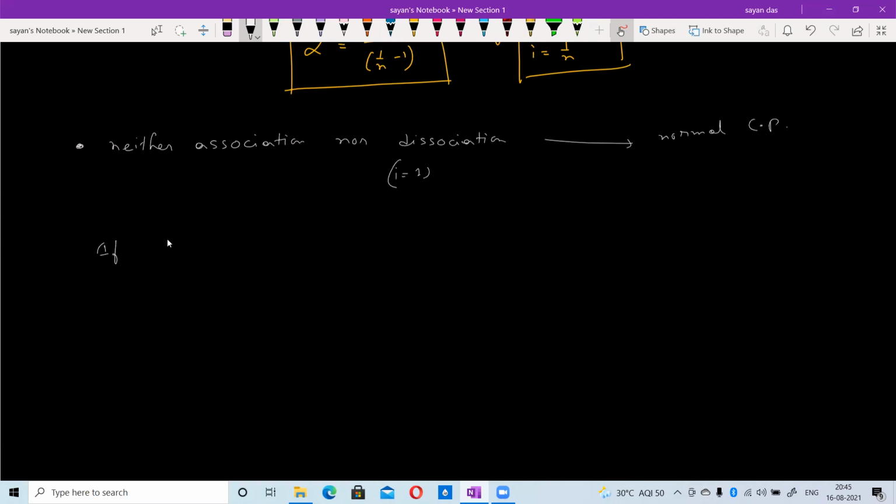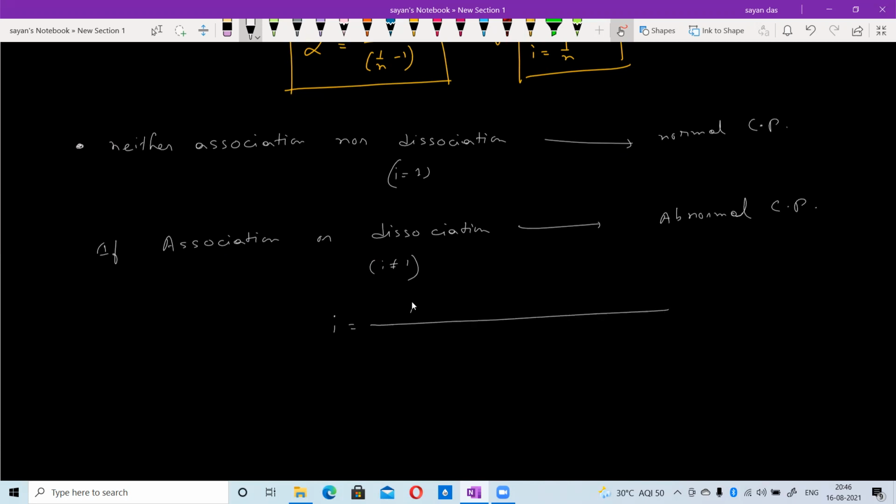Now, if association or dissociation takes place, in this case, I definitely is not equal to 1. This is called abnormal colligative property. Now, another formula for I is abnormal colligative property divided by normal CP.